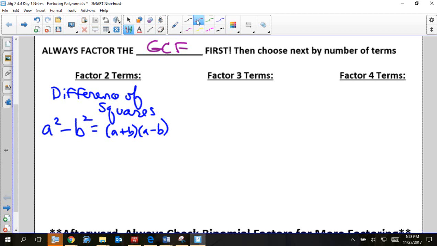But later in the class, I am going to add on something else that goes for 2 terms. It could also be a sum or a difference of cubes. And there is a formula for that, which I guess I could sneak in here.